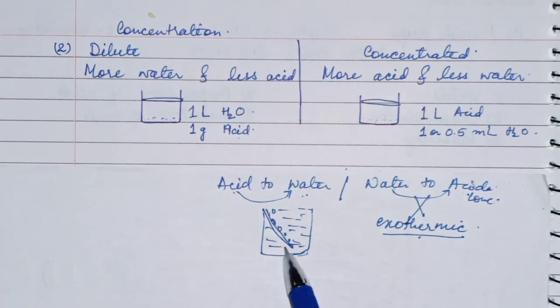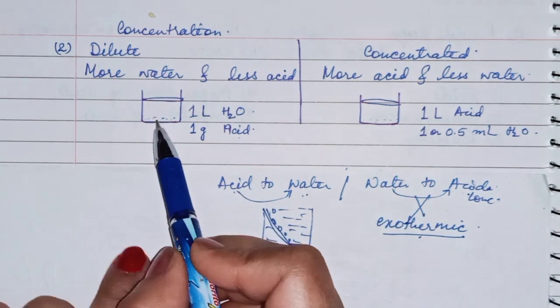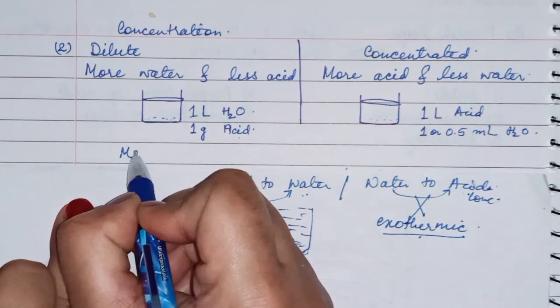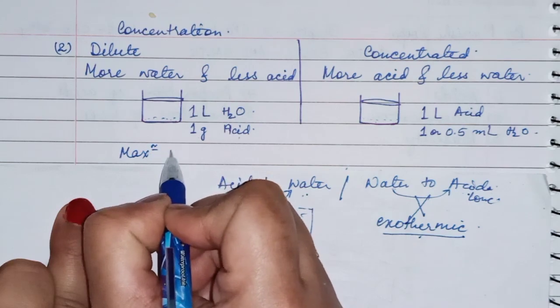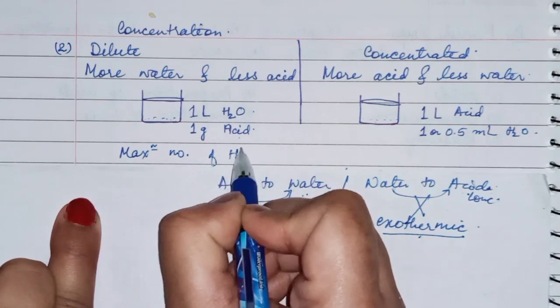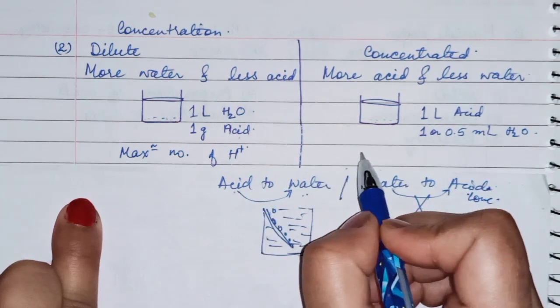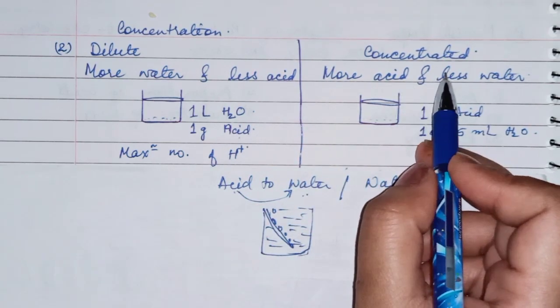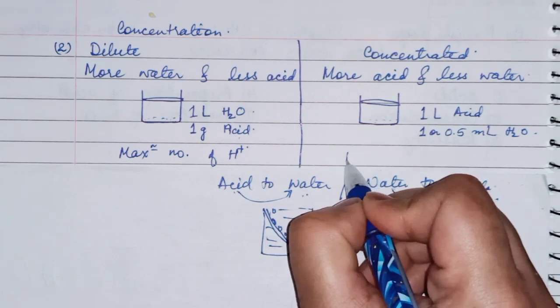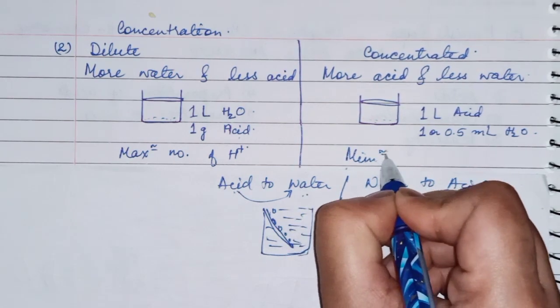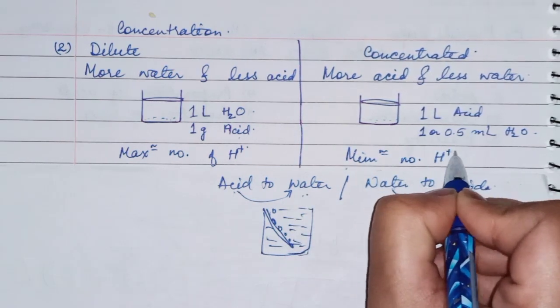And one more point: dilute acid contains the maximum number of H plus ions, because water is more, so dissociation of the acid will be more. In concentrated acid, the minimum number of H plus ions is present.